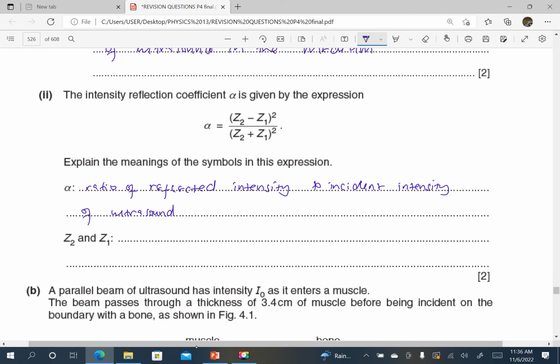Then Z2 and Z1, of course, these are specific acoustic impedances of the media on each side of the boundary.